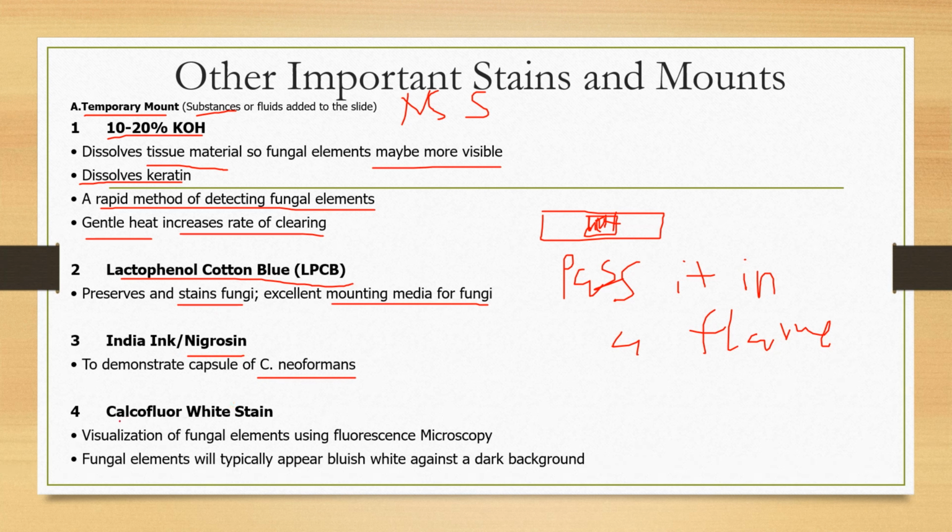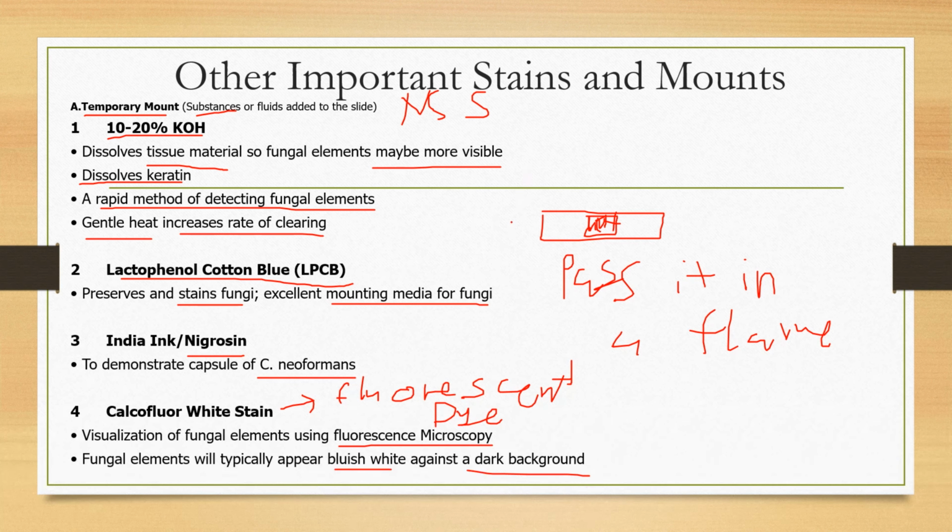Then we also have your calcofluor white stain. Si calcofluor white stain yung class, this is a fluorescent dye or a fluorescent stain. Usually used in FM microscopes or fluorescence microscope. The elements would typically appear bluish white against a dark background.